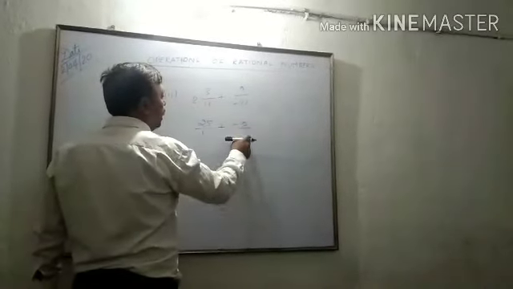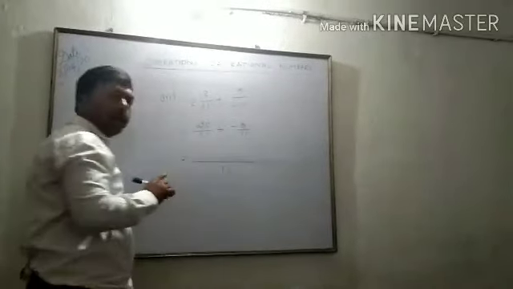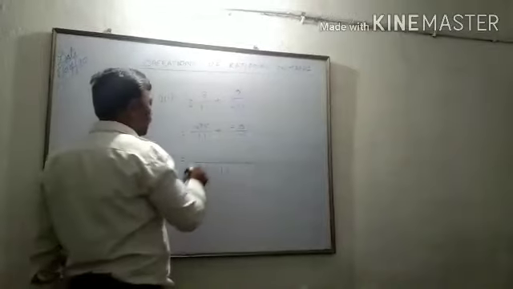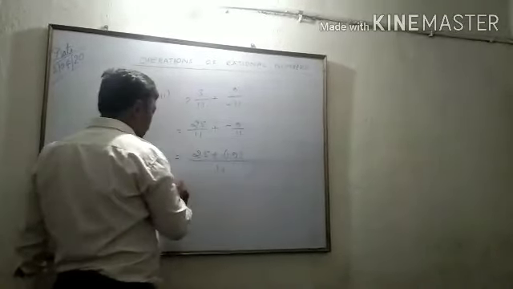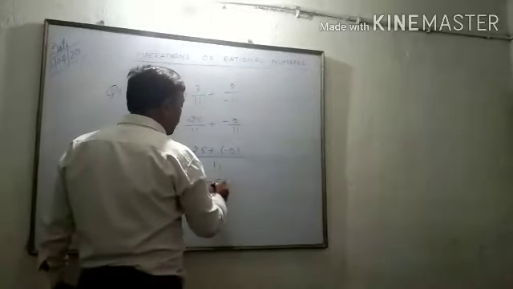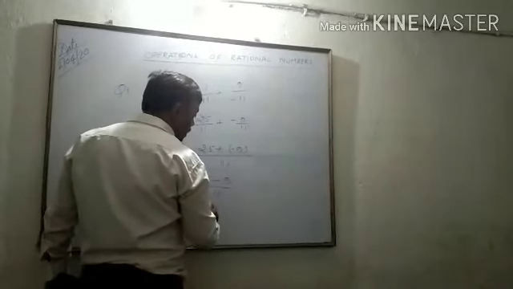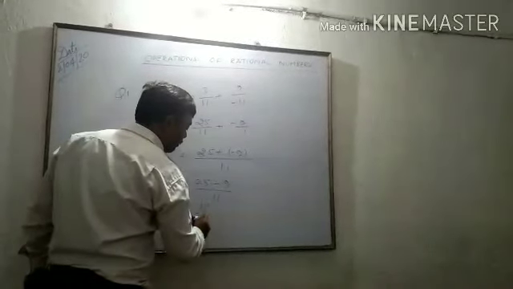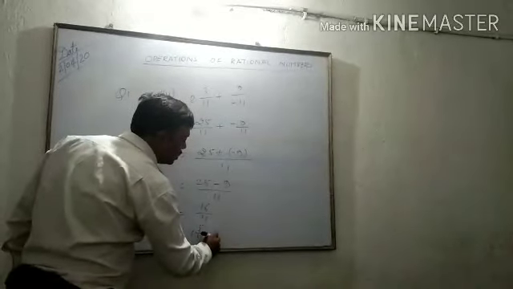Here the LCM is 11, and then we can write 25 plus -9, equal to 25 plus minus 9 by 11, equals 25 minus 9 is 16 by 11. It means 1 5 by 11. This is your answer.